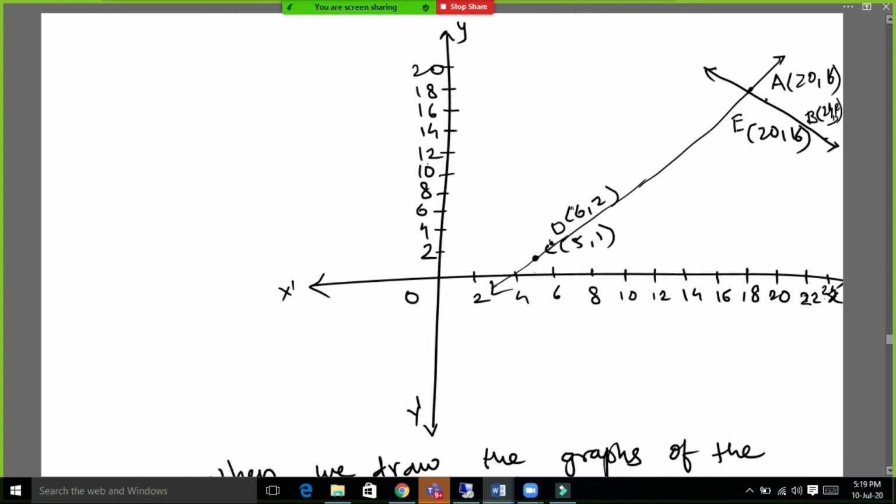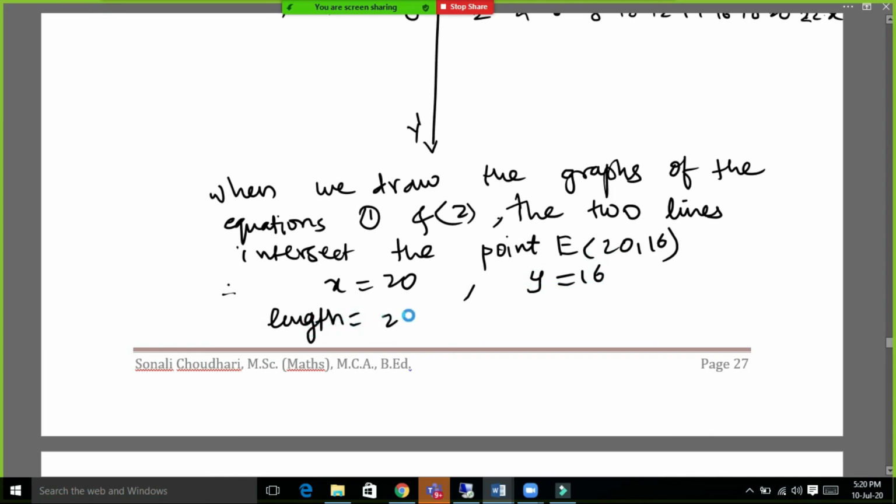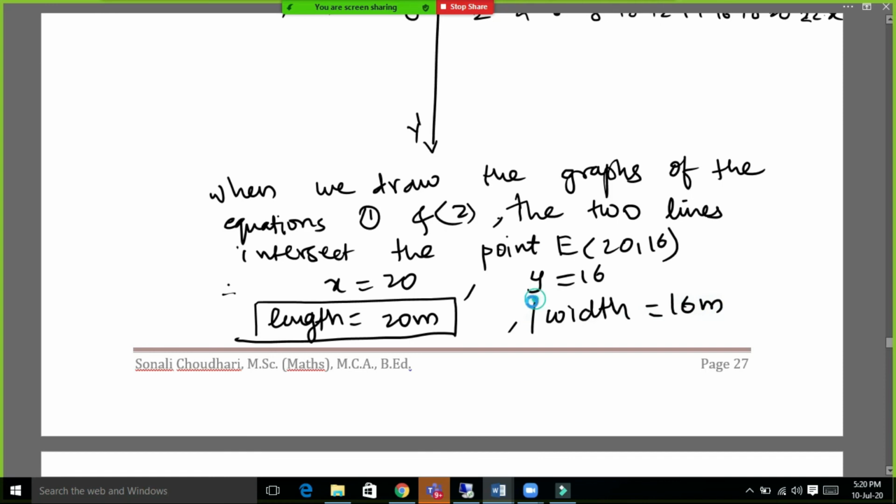They intersect at the point E (20, 16). So here we get x is equal to 20 and y is equal to 16, and x represents length. So length is equal to 20 meters and y represents width. Width is equal to 16 meters. So these are the dimensions of the rectangular garden.